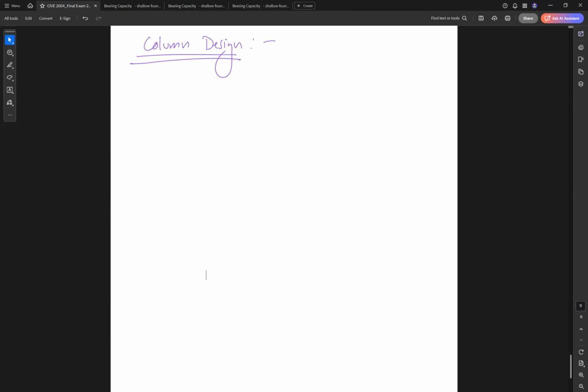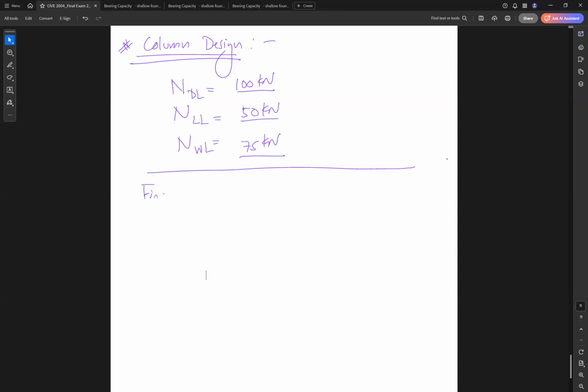If I give you N due to dead load, N due to live load, and N due to wind load, for example 100 kilonewton, 50 kilonewton and 75 kilonewton, and ask you to find the maximum axial load on the column, as this was a problem in the project design.